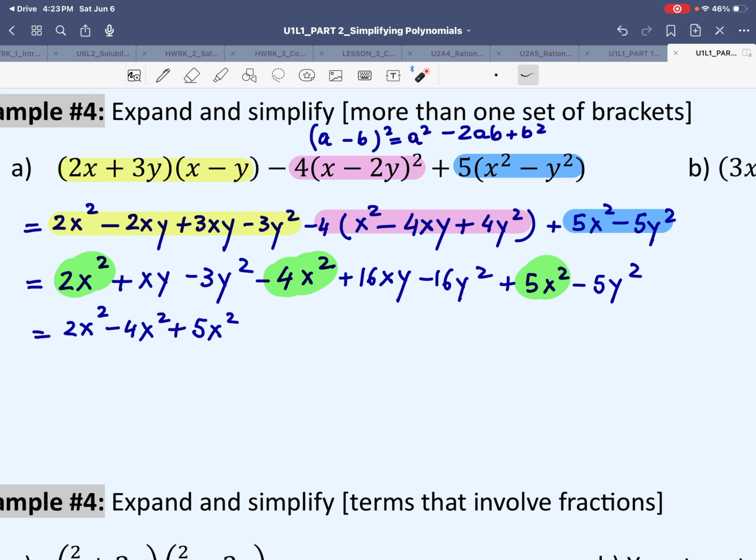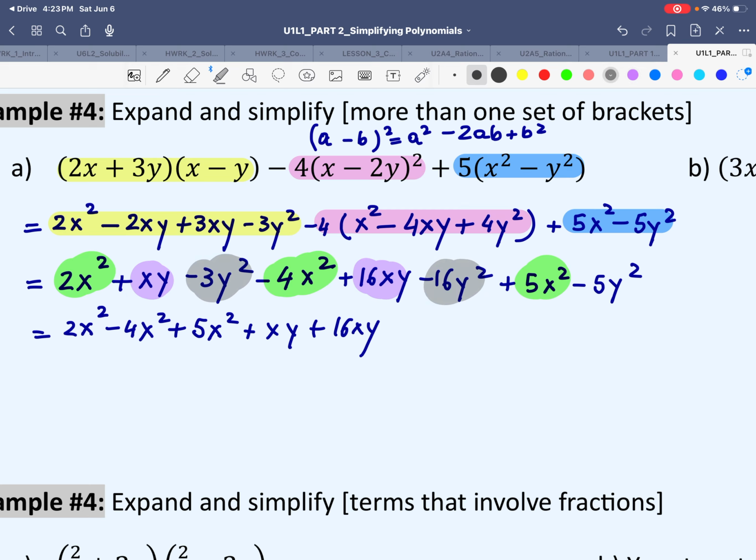And now we're going to do the xy terms. So we have an xy and a 16xy, and that's it. So plus xy plus 16xy. And now we have lastly the y squared terms, and we have 3 of them. So negative 3y squared minus 16y squared minus 5y squared.